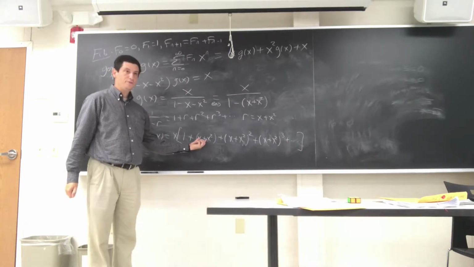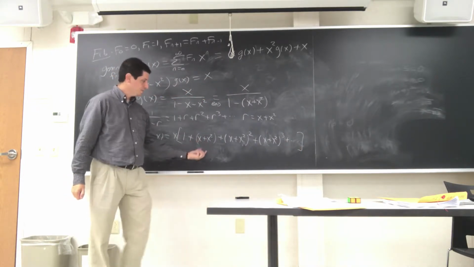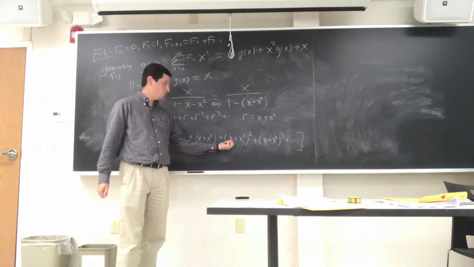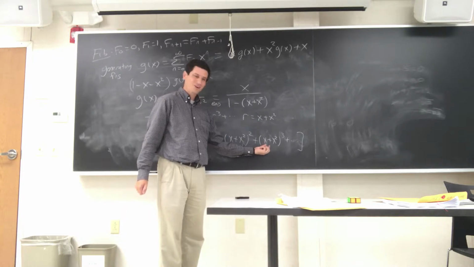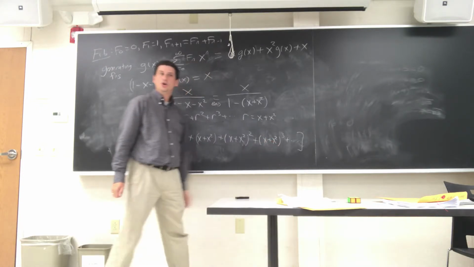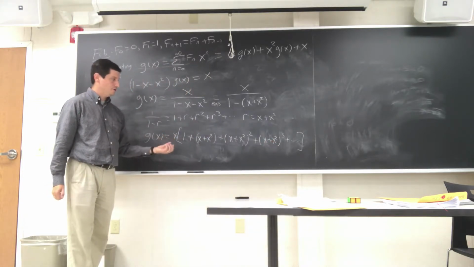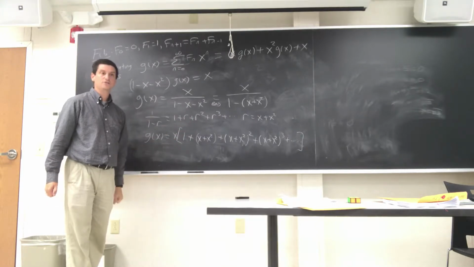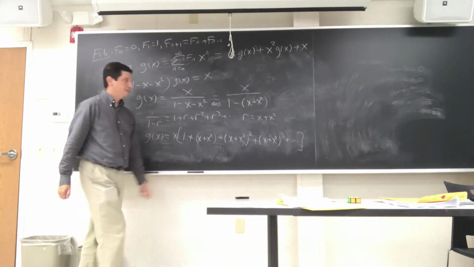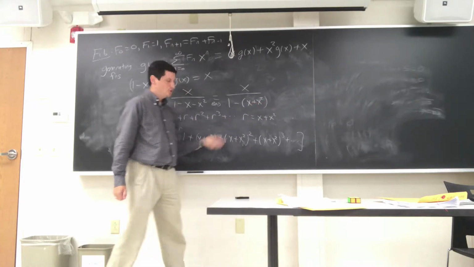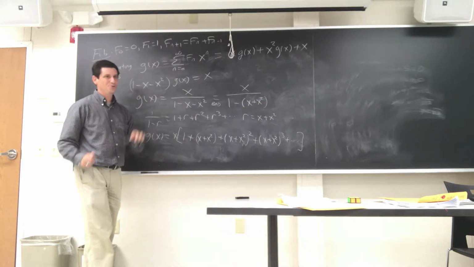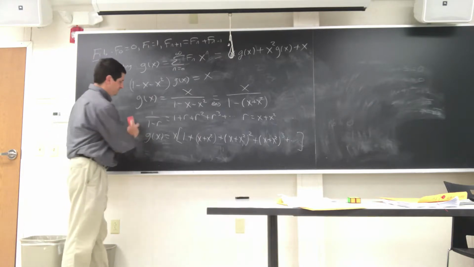So this piece will give you terms of size x and x squared. This piece will give you terms of size x squared, x cubed, and x to the 4th. This will give you terms of size x cubed all the way up to x to the 6th. So if I wanted to find the x to the 5th term, I would have lots of different factors contributing to it. And that's why this is not a good idea, because these are mixed degrees. So this is not worth doing, so we're going to destroy this.